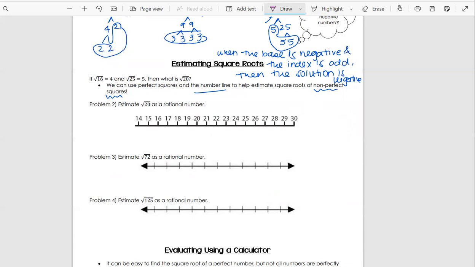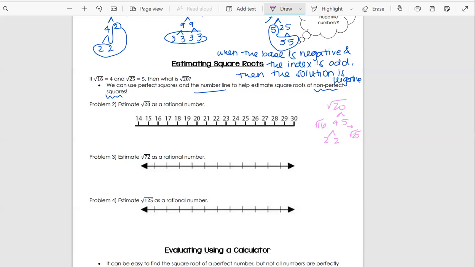So let's check out estimating the square root of 20 as a rational number. So if we break down 20 using a factor tree again, 4 and 5, 2 and 2, we can think about, well, 4 is the square root of 16, 5 would be the square root of 25. And we want to find what's going to be in between there to get the square root of 20.